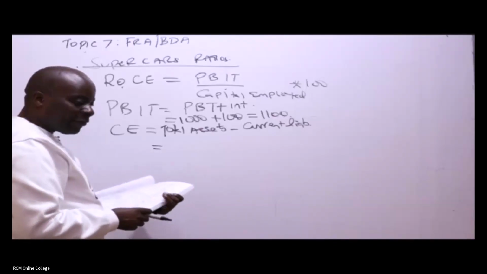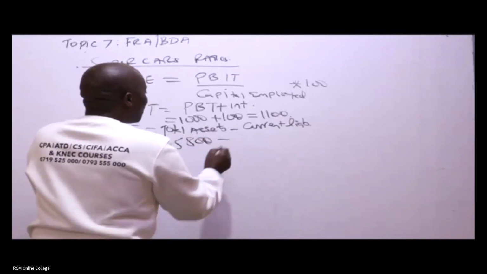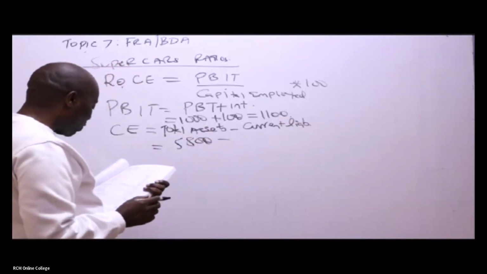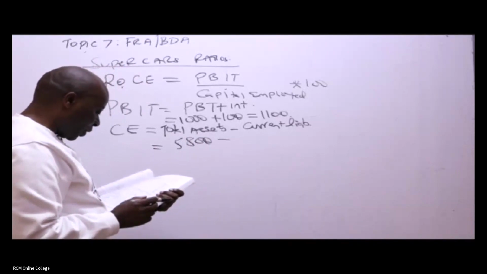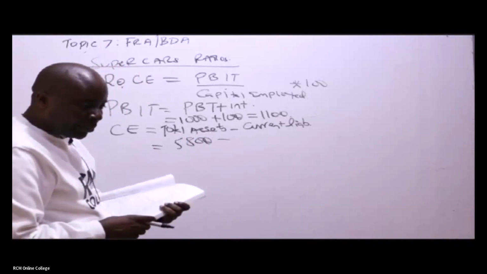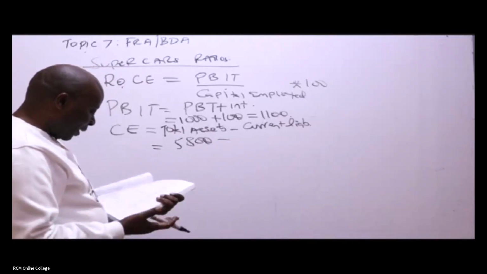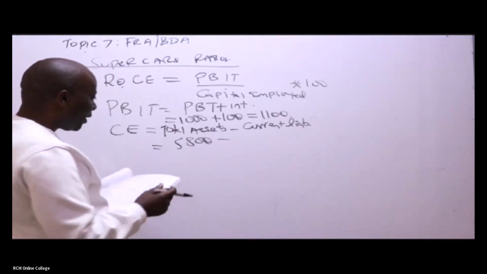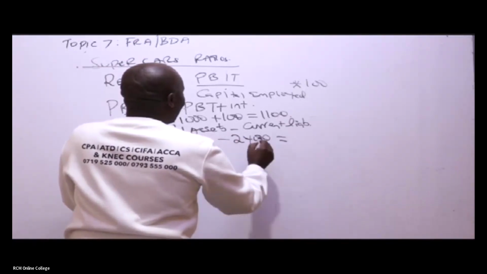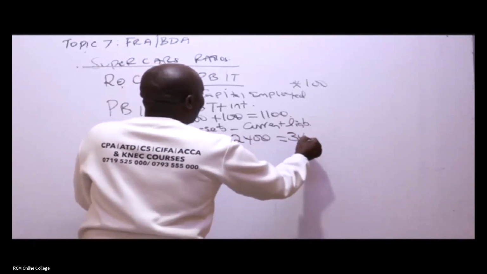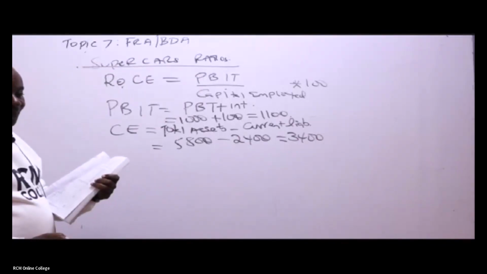The total assets are 5,800. How about the liability section? Are you able to pick the current liabilities? These are about 2,400, because we have trade payables, current tax, bank overdraft. So when you subtract this, it is what they're giving me as 3,400, isn't it?